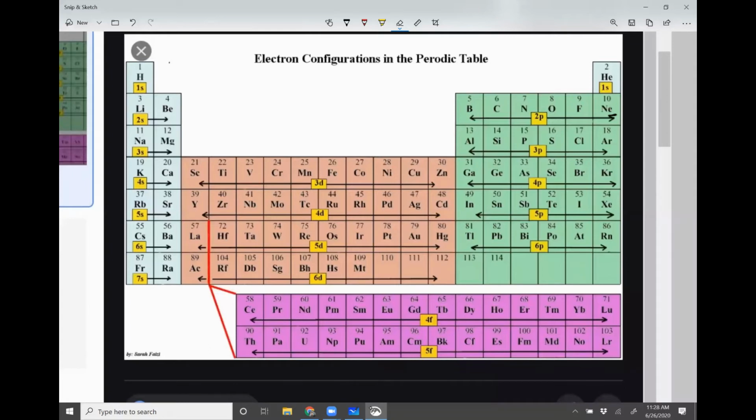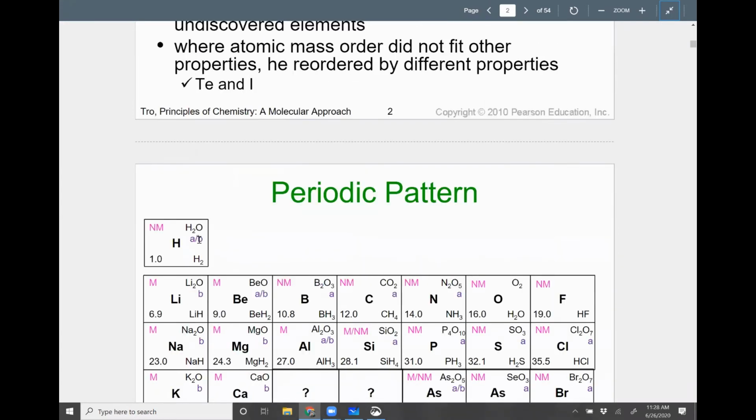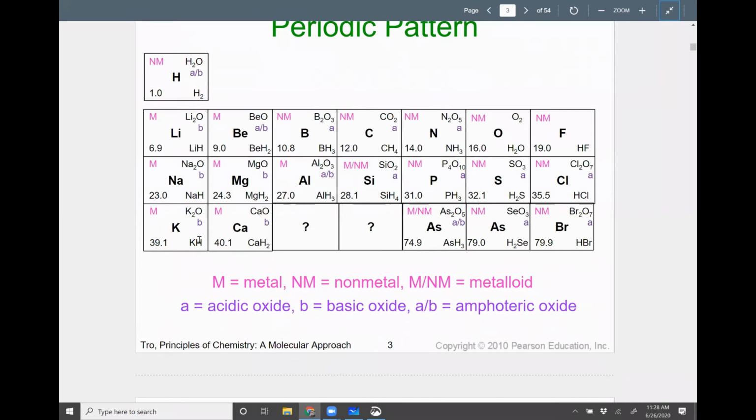So the periodic law states that atoms are periodically similar to each other, and this occurs as you go by increasing atomic mass. That's what Mendeleev said, because he didn't know about atomic number yet. But as we figured out, we now know atomic number.